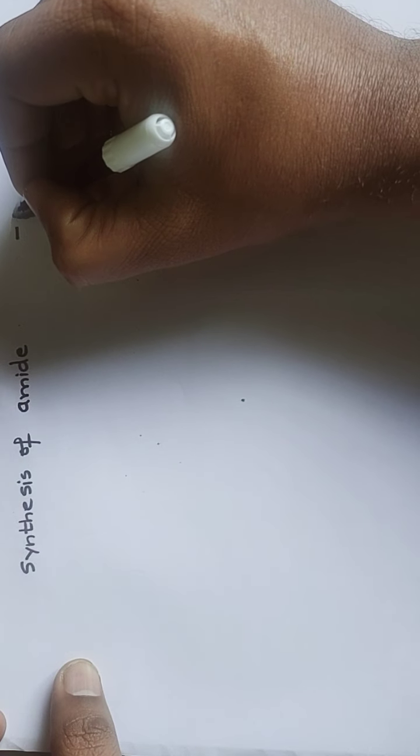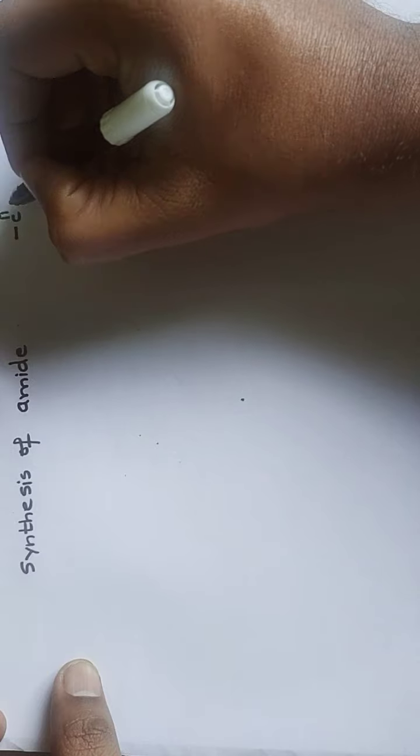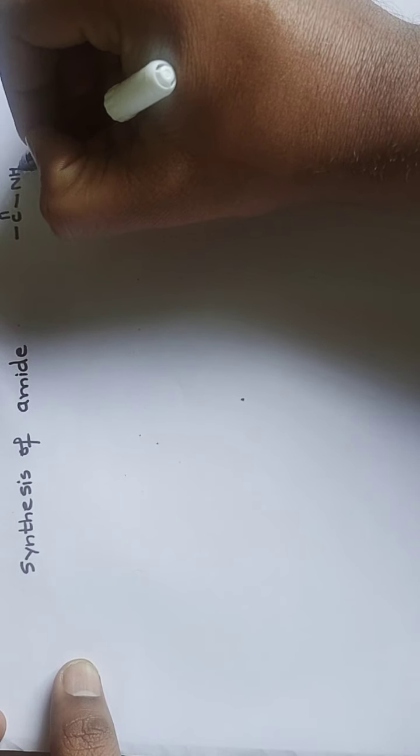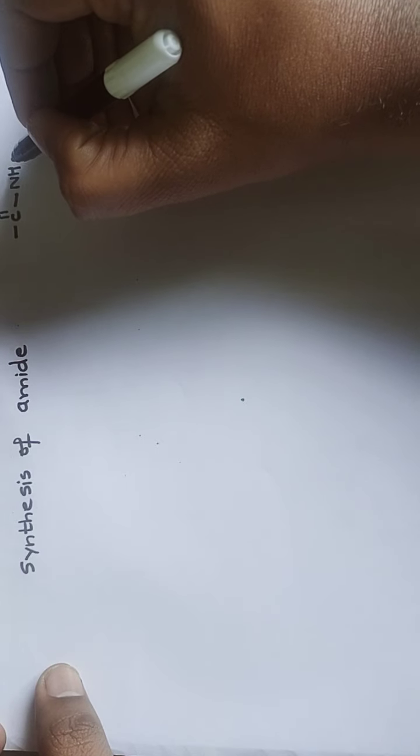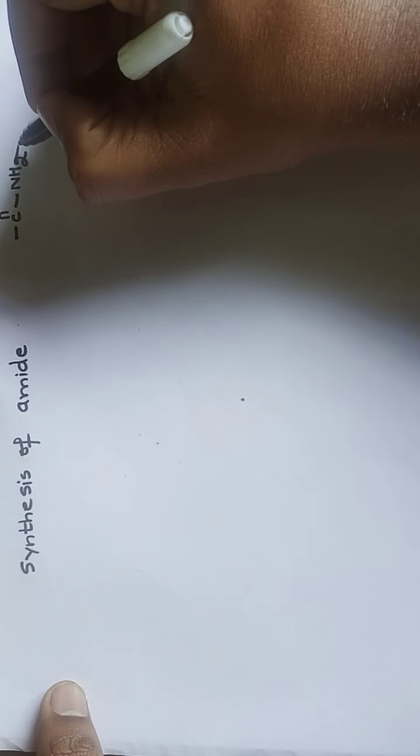Amides are the compounds which contain the group RCONH2 or RCONH. These compounds are generally referred to as amides. Let us see what actually happens in the reaction.